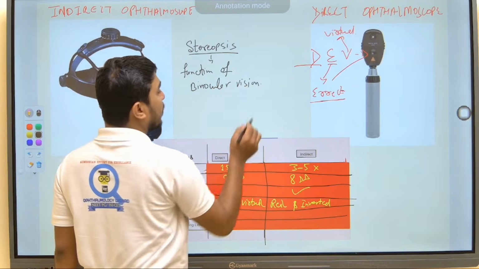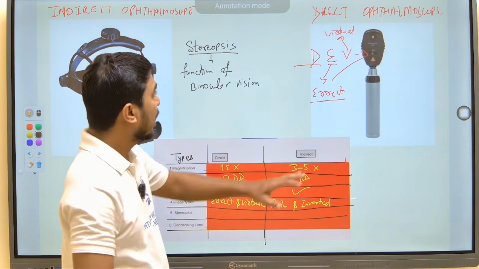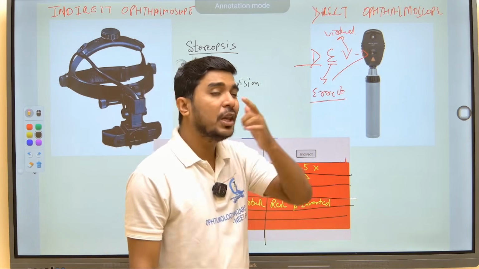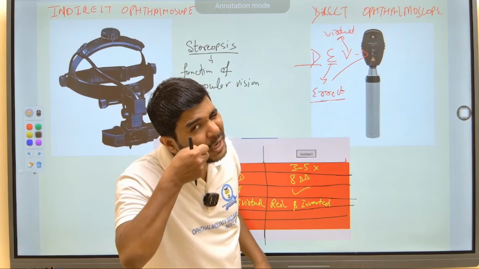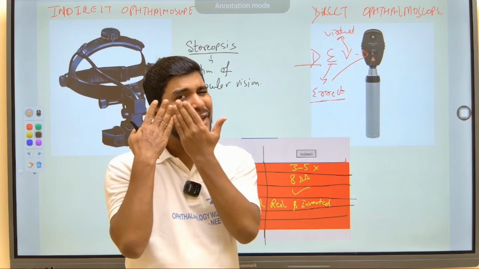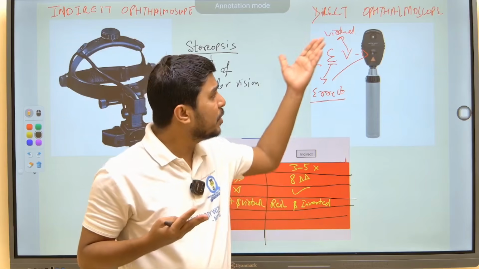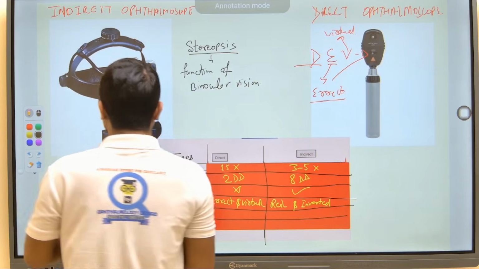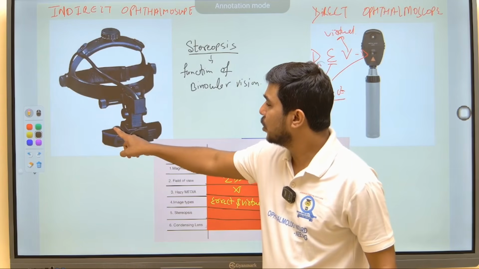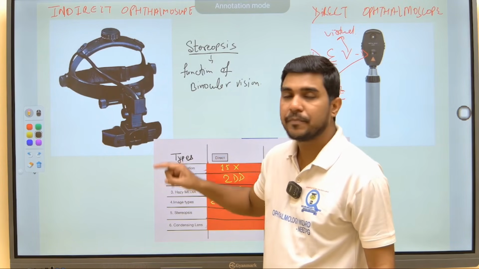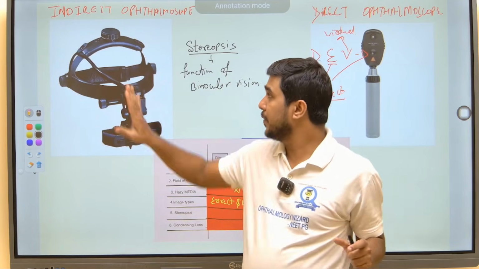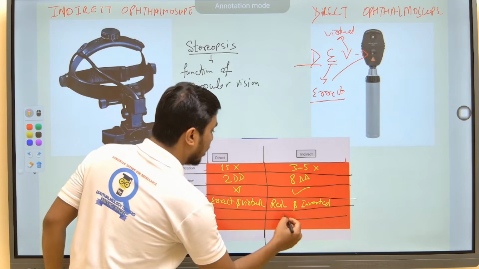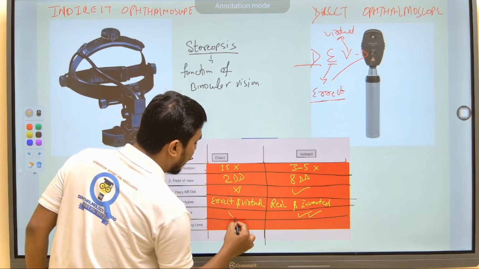Binocular vision means the patient is seeing with both eyes. Here only one aperture is there, so we are using only a single eye. So obviously there will be no stereopsis here. It is monocular vision. But here there are two apertures, here and here. So there is binocular vision in this, and that is why stereopsis is present here. It will not be present here.